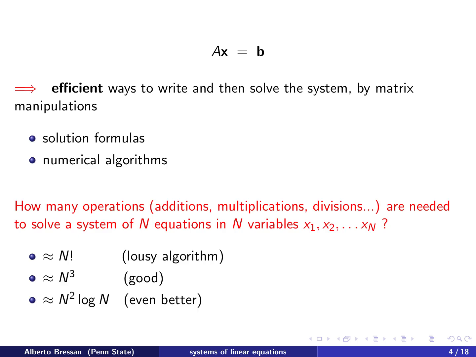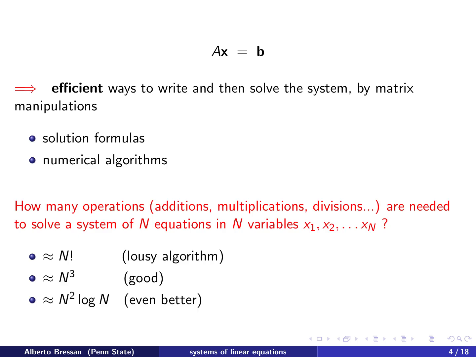Once you have a numerical algorithm, how do you determine its efficiency? We can do an operation count, meaning how many operations, including additions, multiplications, and divisions, are needed to solve a system. Let's say the system here has n unknowns.